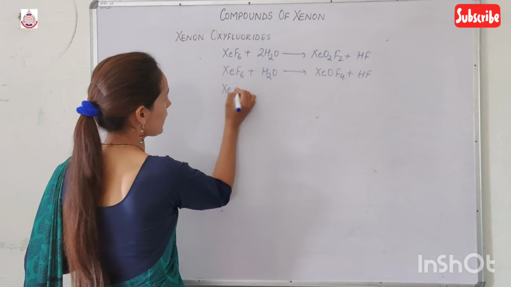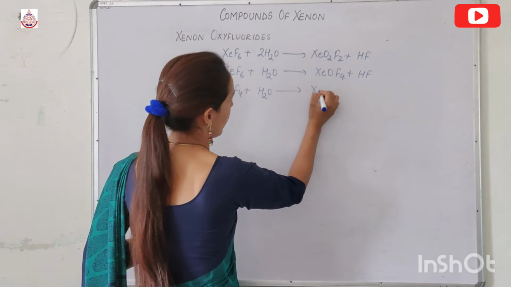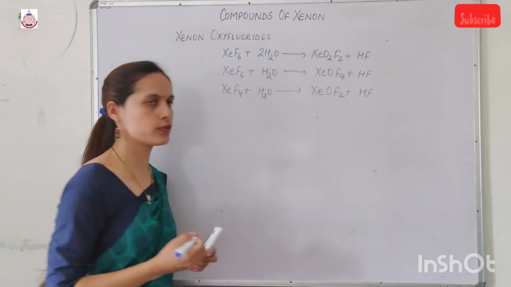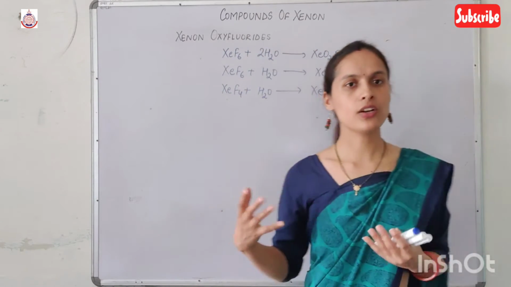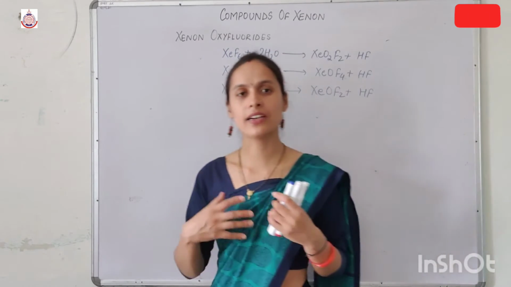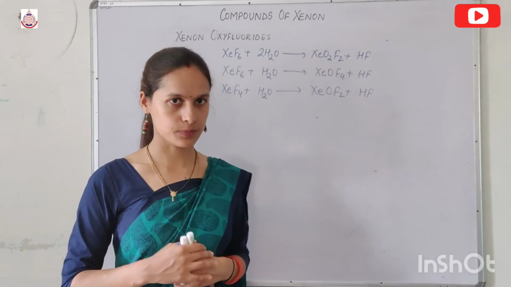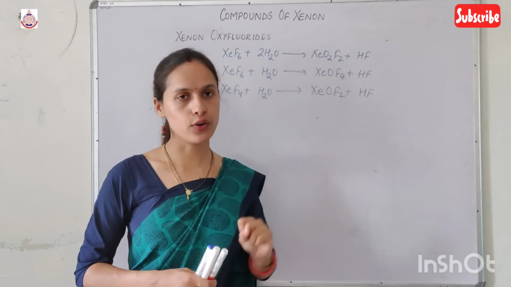And when XeF4 undergoes partial hydrolysis, then we get XeOF2 plus HF. So in this way, we get xenon oxyfluorides by the partial hydrolysis of the xenon fluorides. This much we have to study in the xenon oxyfluorides.